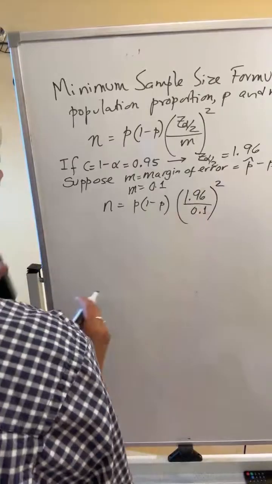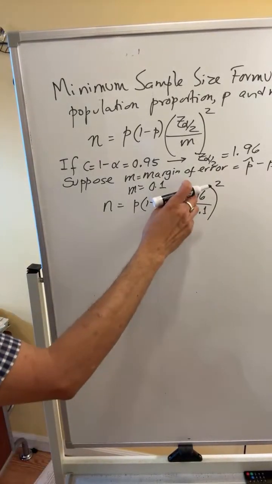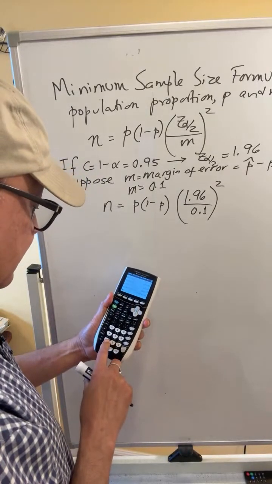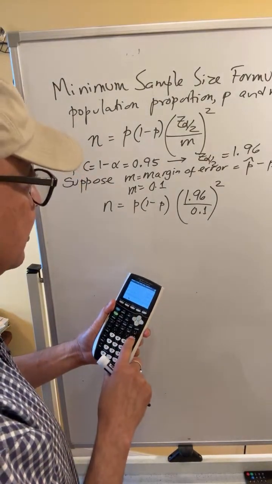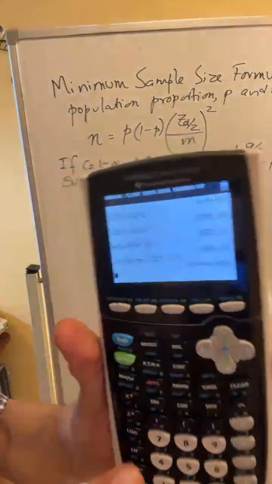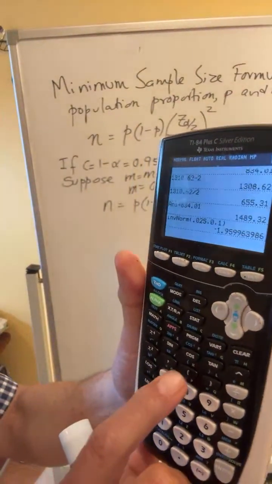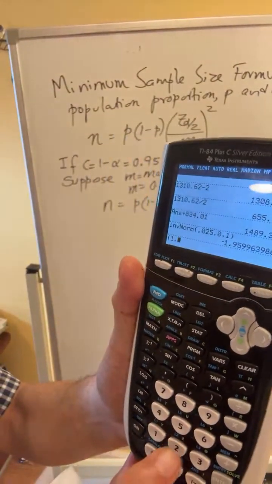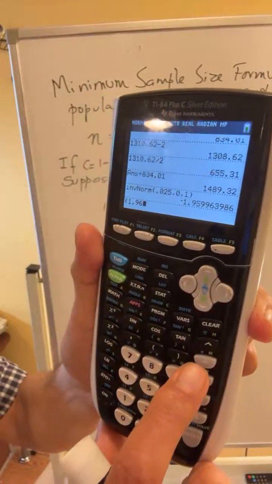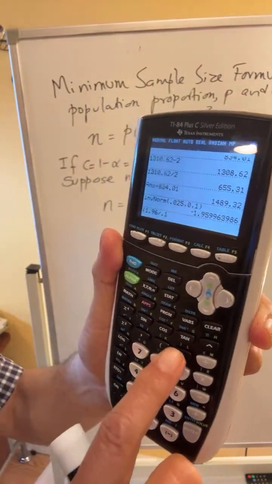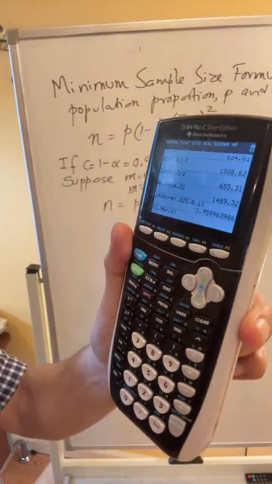So let me use my calculator. I will put a left parenthesis, 1.96, the Z alpha by 2 value, divided by the margin of error 0.1, right parenthesis.